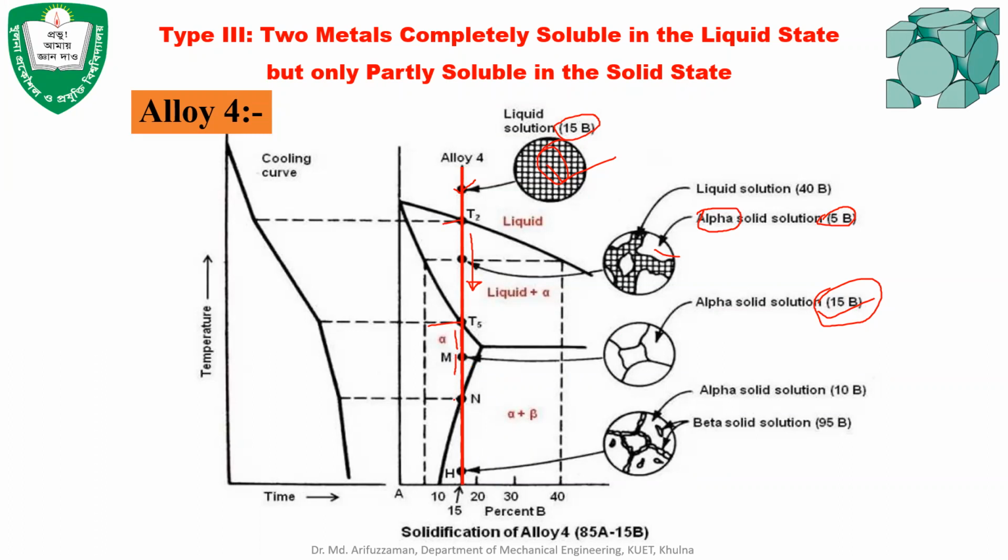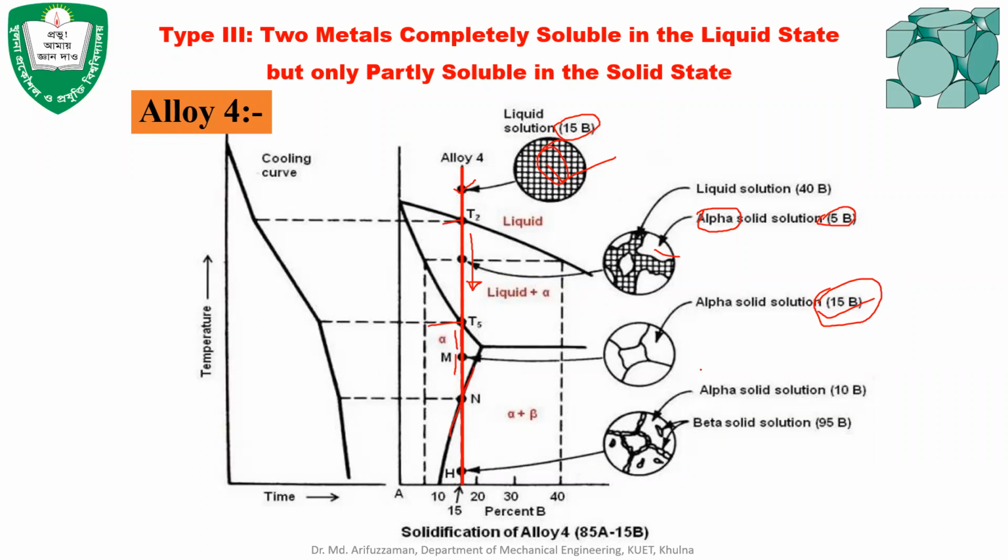But when it reaches the solvus line in here, the problem starts to occur. When the temperature drops and it crosses the solvus line, there is a change in chemical composition.